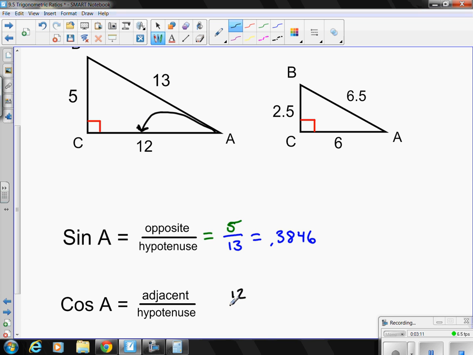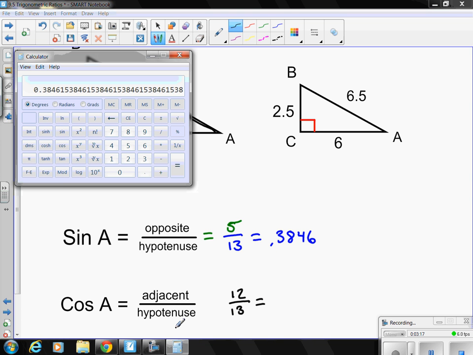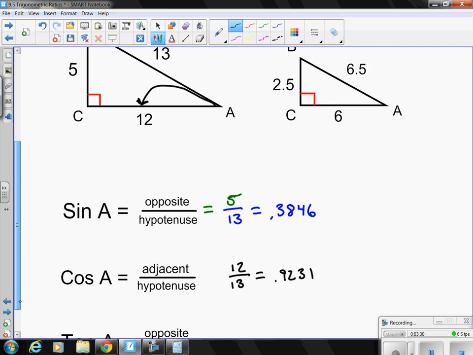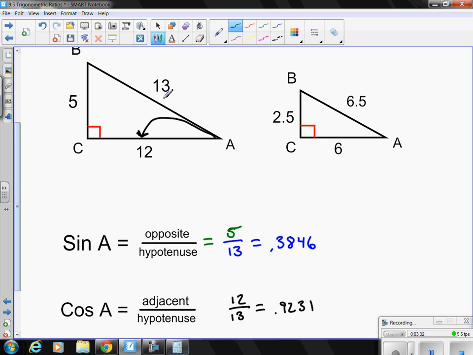That's 12 over the hypotenuse 13. It's going to be pretty close to 1, but not quite. 12 divided by 13 is 0.9231. We'll round it up. 0.9231.